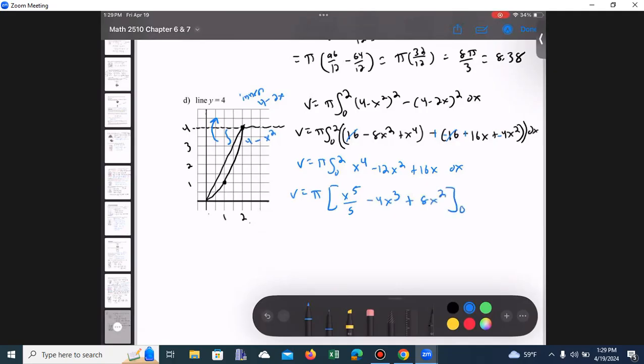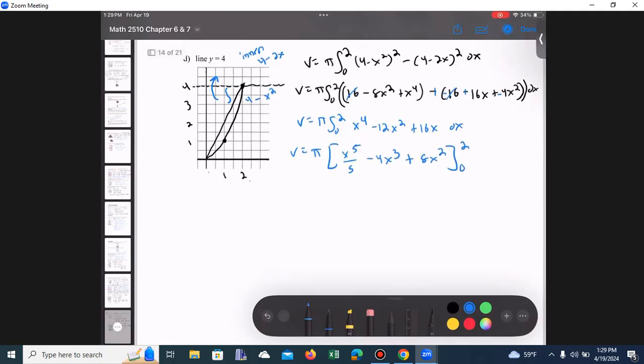Integrate from 0 to 2. Okay, 0 goes in, everything's 0, so we don't have to worry about the bottom limit. 2 to the 5th is 32, so it'll be 32 over 5. 2 to the 3rd is 8, so it'll be 32. 2 squared is 4, so it'll be another 32. So these cancel out. You get 32 pi over 5, which comes out to be about 20.1.